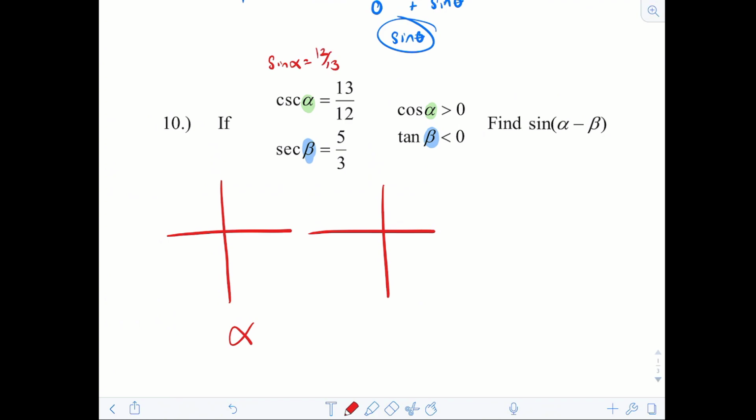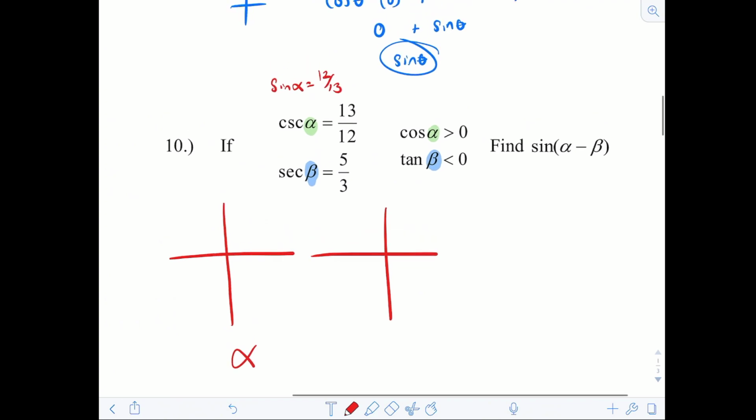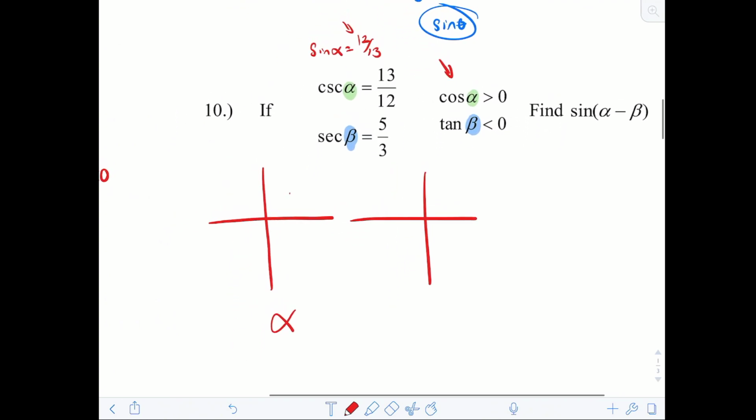Right, I don't like cosecant, I'm just writing in terms of sine. So we'll also notice that sine is positive. Then they also say that cosine of alpha is also positive. So that quadrant is going to be the first quadrant where both sine and cosine are positive. So we're going to draw our triangle in the first quadrant right here.